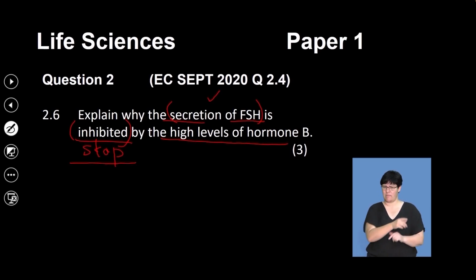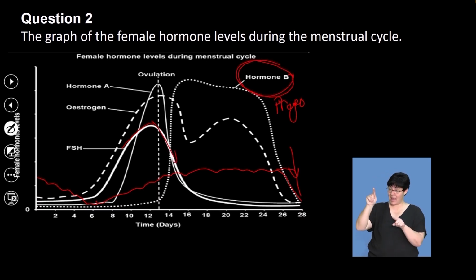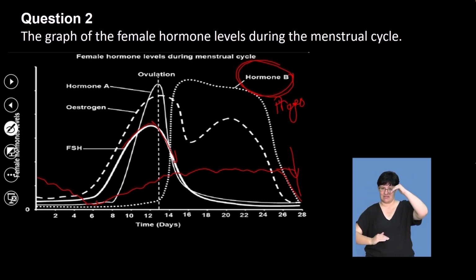Now we'll go back to the graph. Okay. So if we go back to the graph, we can see FSH here. Okay, that graph tends to decrease by high levels of hormone B. And guys, remember that after ovulation, we have the rupturing of the Graafian follicle. And so that Graafian follicle, which is stimulating the ovary to release estrogen, now degenerates.